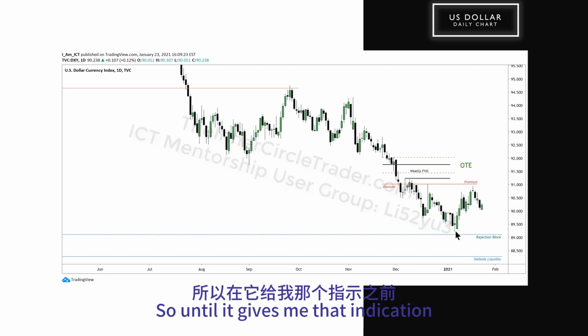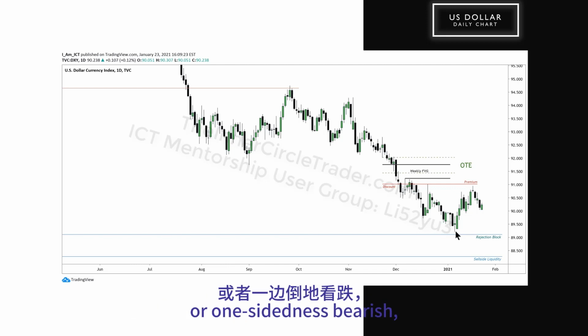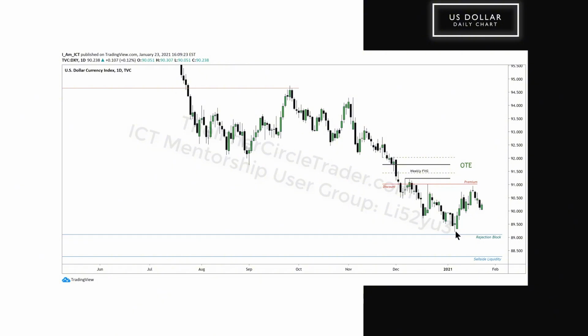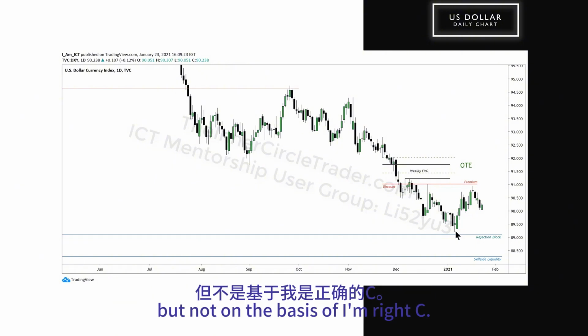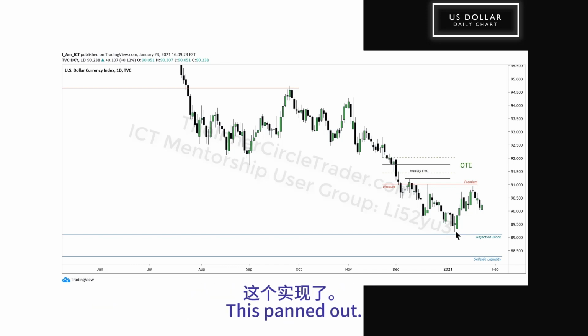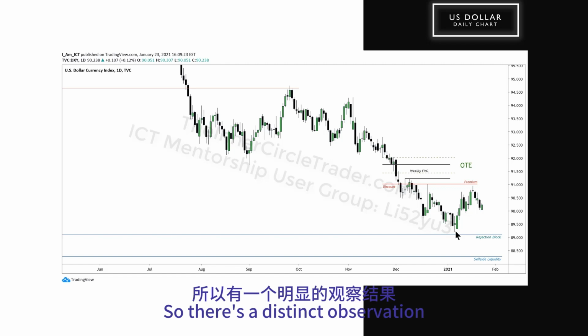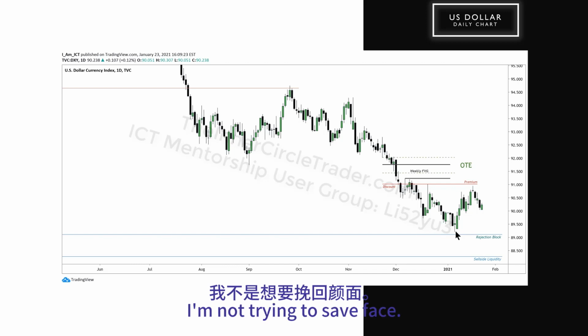So until it gives me that indication that it's going to be one-sidedness bullish or one-sidedness bearish, then I have to give you two scenarios to study, but not on the basis of I'm right. In other words, I'm not going to come back and say, haha, look at this, it panned out. So there's a distinct observation I'm trying to press upon you right now. I'm not trying to save face.